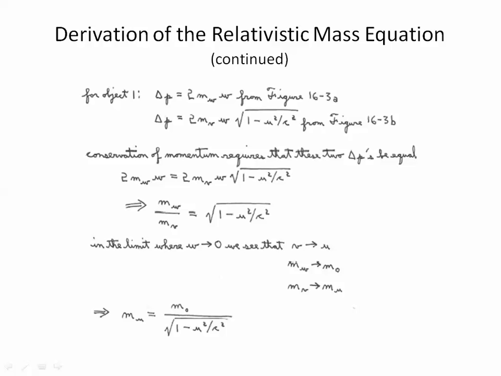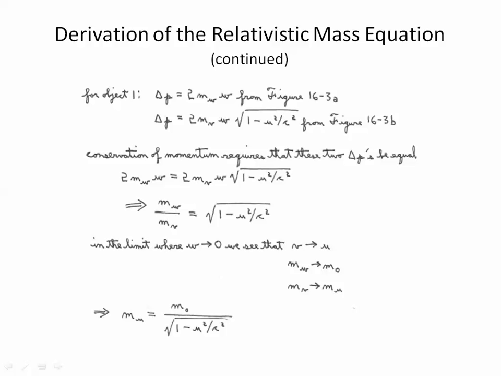When w approaches 0, the mass in the w direction, m sub w, has to approach the rest mass, and we call this m sub 0. With the vertical leg shrinking, v approaches u, which implies the mass in the direction of the velocity is approaching the mass in the direction of u. We call this m sub u.